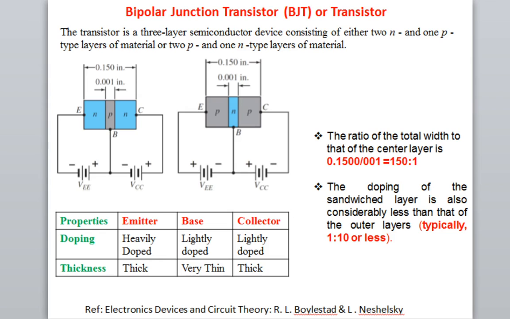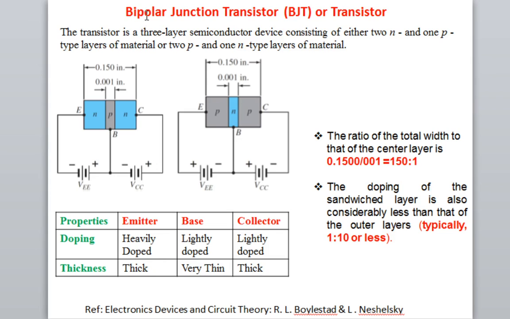You might have studied transistor in your first or second semester. Transistor is a very common name, but the actual name is bipolar junction transistor. This is made from three words: bipolar, junction, transistor, and bipolar itself is made from two words.